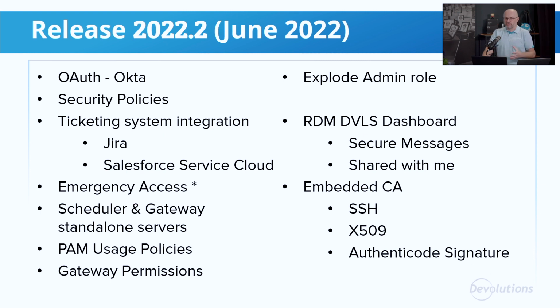PAM usage policies. Right now we had adapted to other PAM solutions because they're not as strong in secure credential injection as we were. RDM has been doing that for 10 years now. So when it was PAM, we would not allow you to use a privileged account using Devolutions Web Login because, as some of you know, and for others you're going to be scared, it's deceptively simple to steal a credential from a web page.